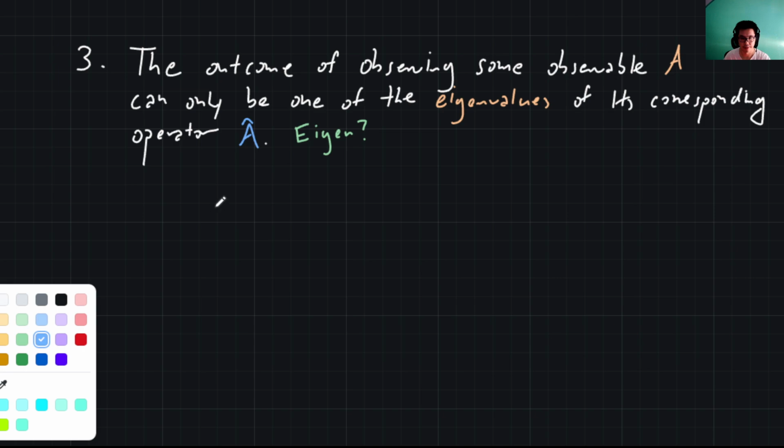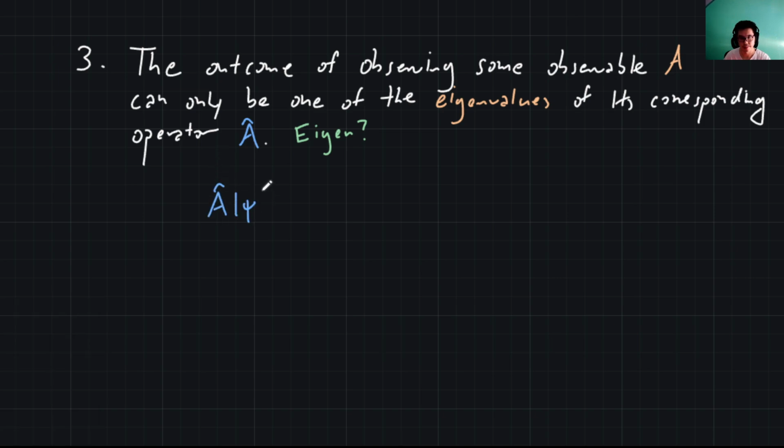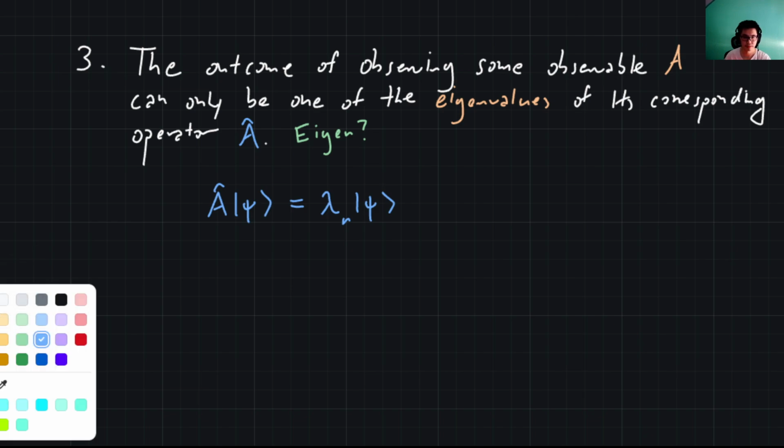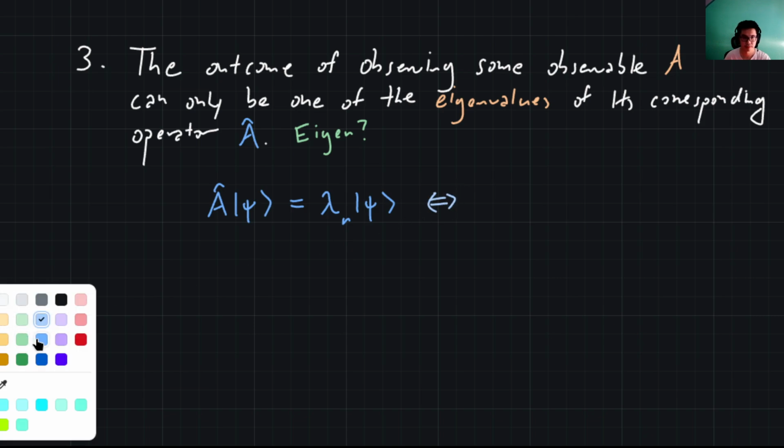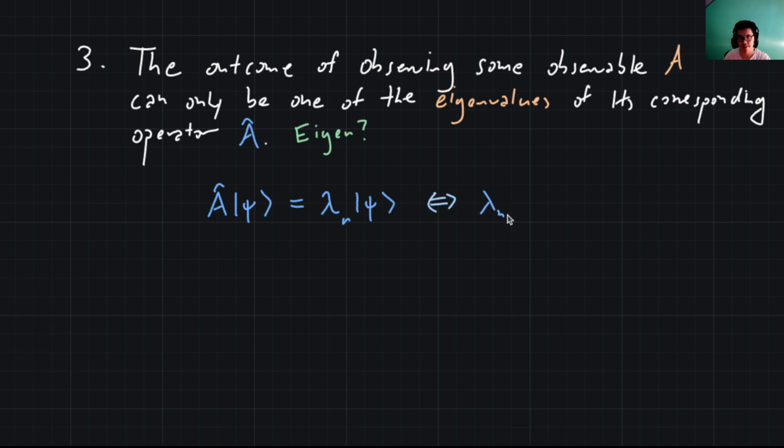So we have A of psi is equal to lambda n of psi. This implies that lambda n is one of the elements of the sample space.